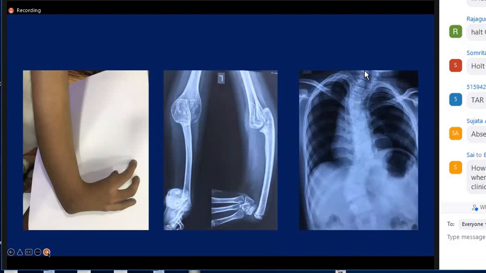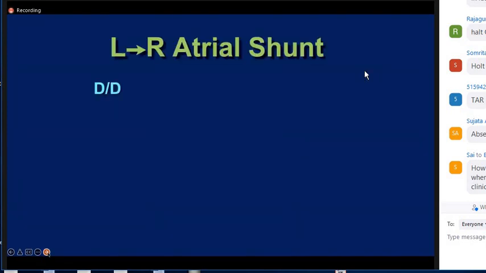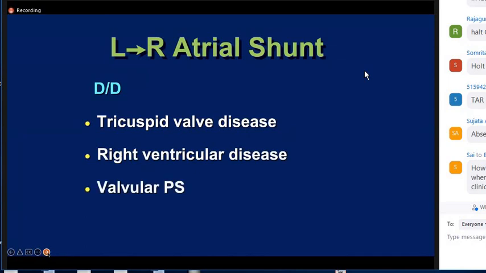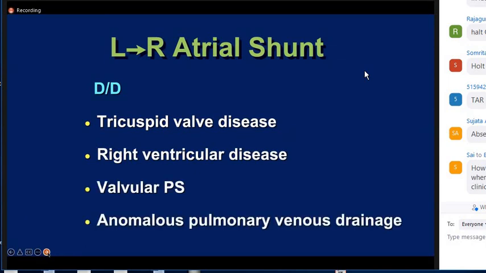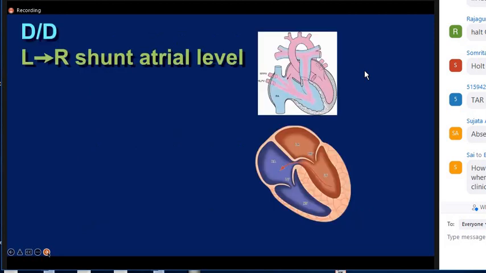So other differential diagnoses are tricuspid valve disease, right ventricular disease, valvular PS, and anomalous pulmonary venous drainage. In case of atrial septal defect, the shunt is from the left atrium to the right atrium.